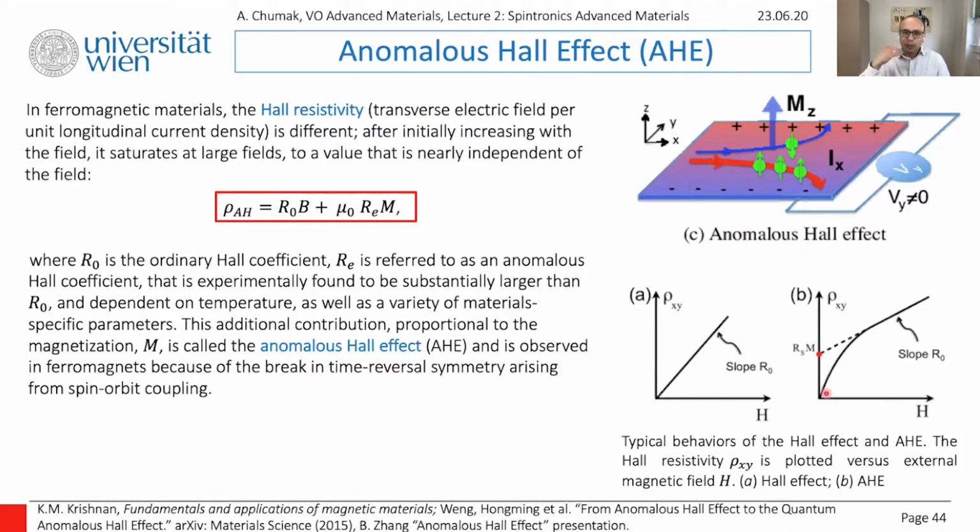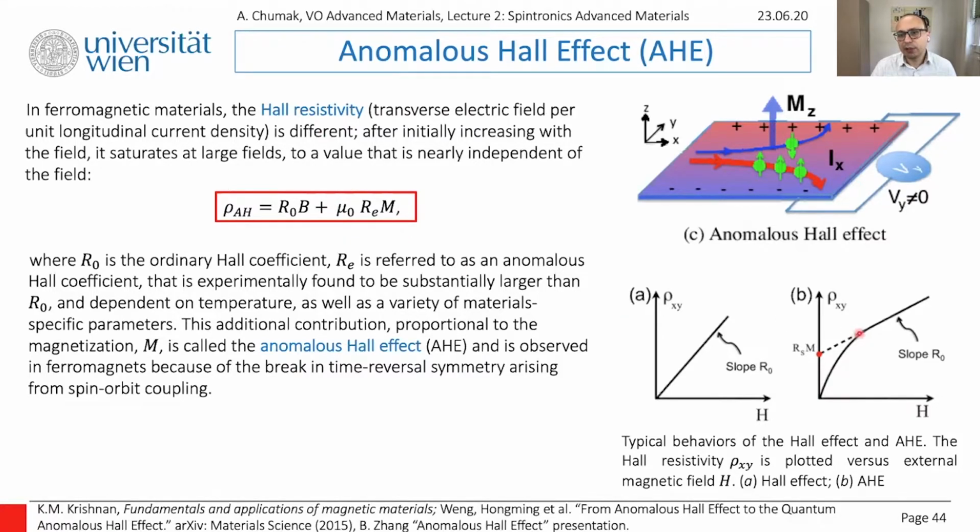So it means that, in addition, you get a more pronounced increase in the resistivity because you magnetize your sample more and more. And then you have this rather sharp slope, but at some point you will fully magnetize your structure. And then the further increase in the magnetic field will not lead to the increase of this component of your Hall resistivity, the anomalous Hall resistivity.